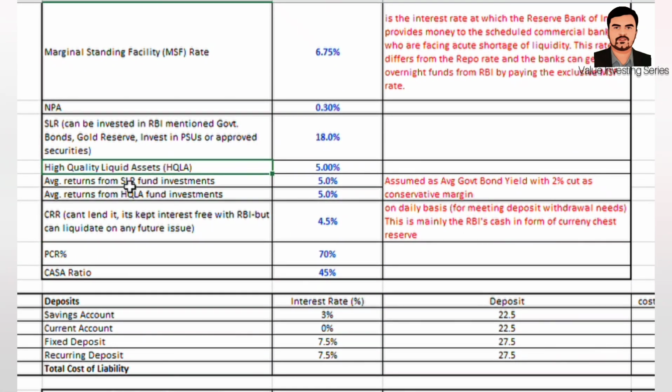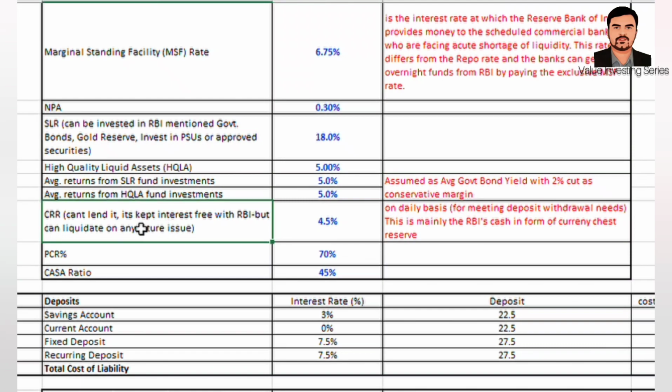Then there is something called high quality liquid assets, HQLA, which is again around 5%. Then the average return from SLR fund investments, say it is 5%. The average return from HQLA funds is also considered 5%. This is assumed as the average gold bond yield with a 2% cut as a conservative margin. That is how the 5% is derived.